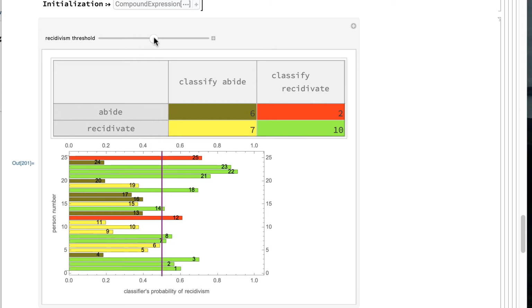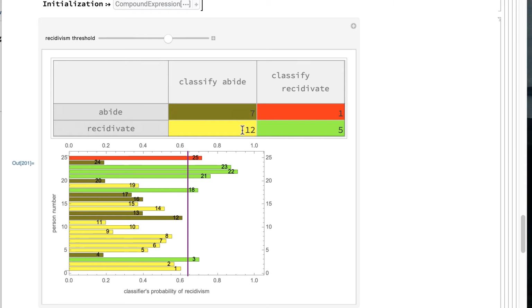But if I move that threshold to the right, I went a little too slow there. As I move the threshold over their probability, we flip their classification and say they don't meet the standard for classifying them as recidivating.